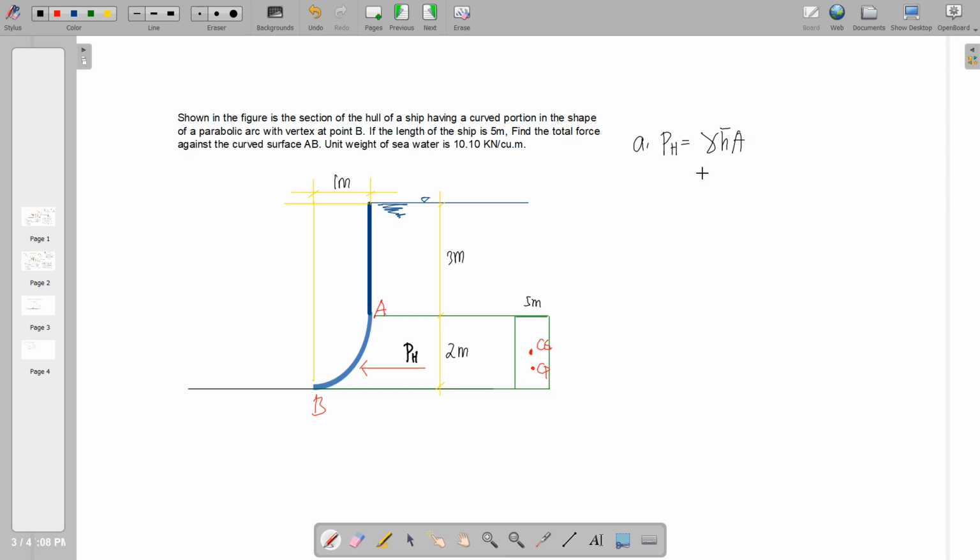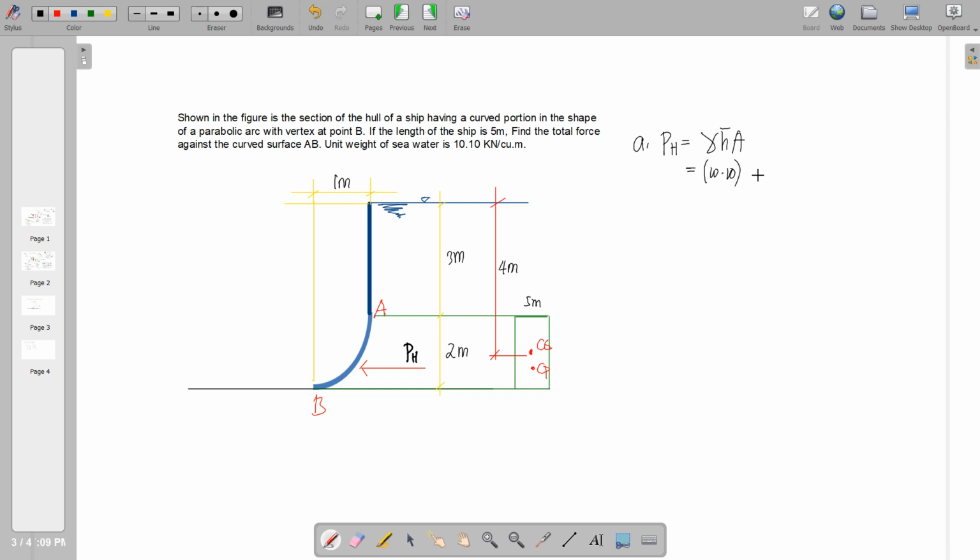So we can easily deal with our PH by the formula gamma h bar A. And then gamma here is 10.10, then the h bar is from the center of gravity up to the liquid surface, and that will be equal to, the half of 2 is 1 plus 3, that is 4 meters.